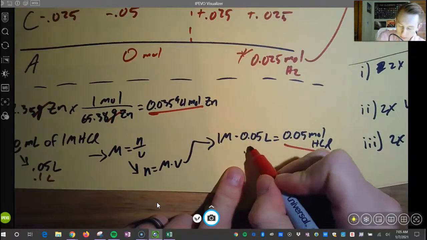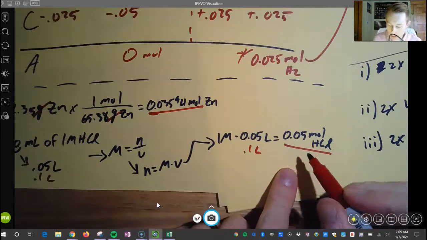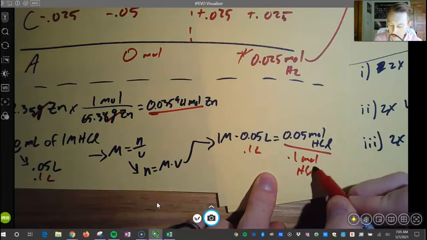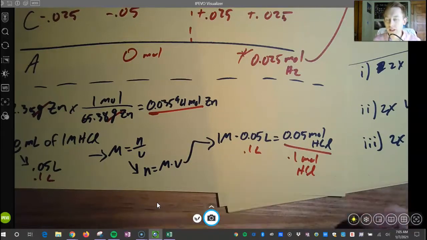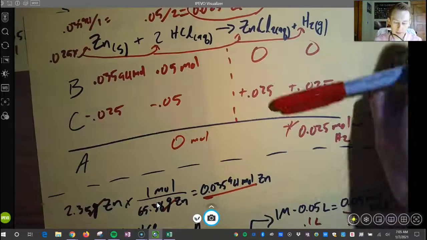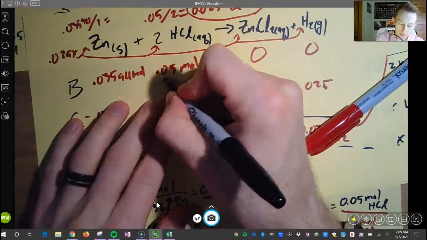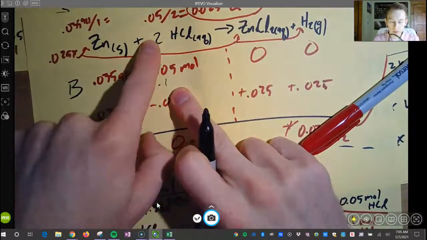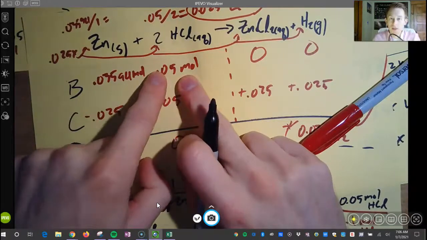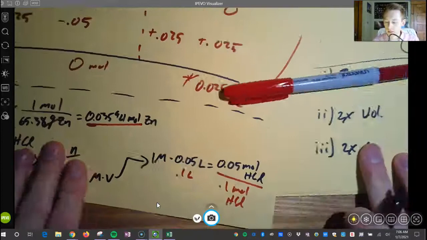So I'd get the 0.1 liter here. And so then I end up with 0.1 moles of HCl. I'm just going fast and loose here because we don't actually need to know what the answer is, right? We just need to know if this is going to increase our product. And so if I come over here, that would also change this here to 0.1. So 0.1 divided by 2, that'd be 0.05. So I'm increasing my limiting reactant.